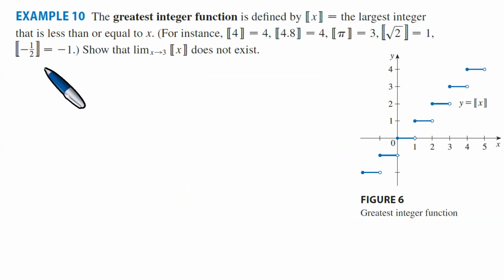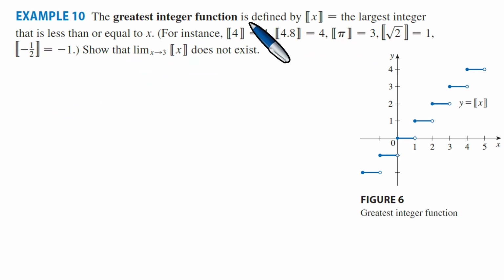Okay, this one is going to be one of our examples, example 10. Don't worry about the example number. The greatest integer function is defined by the greatest integer function of x equals the largest integer less than or equal to x.